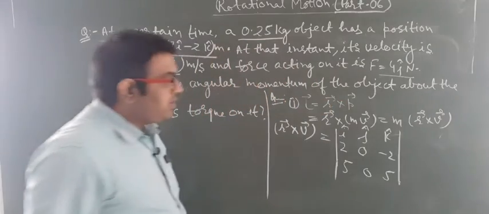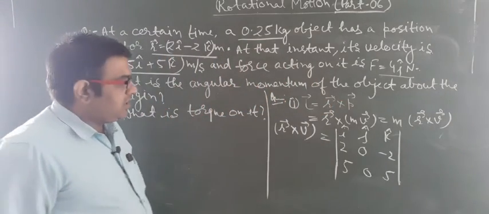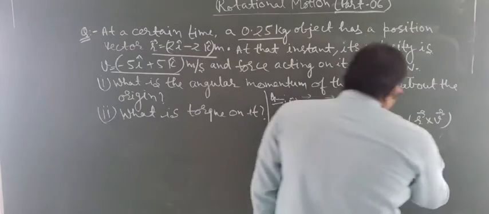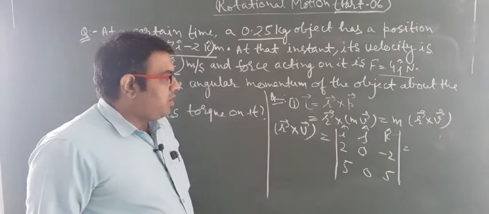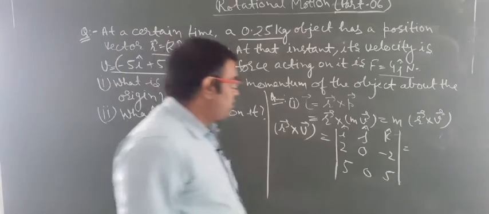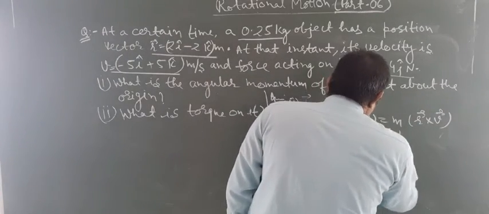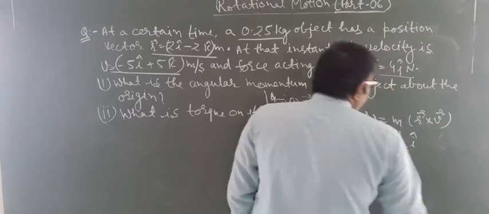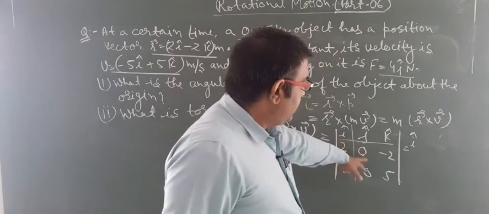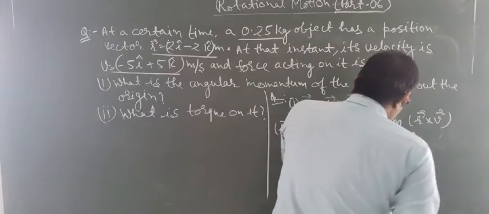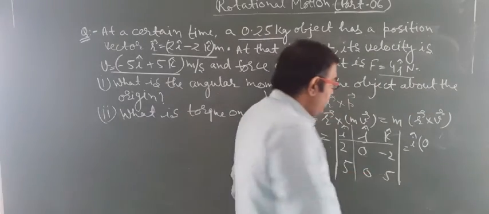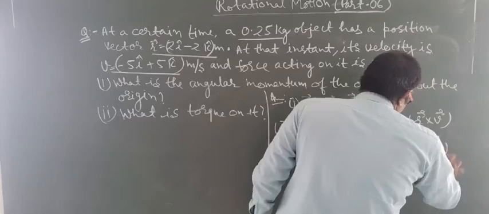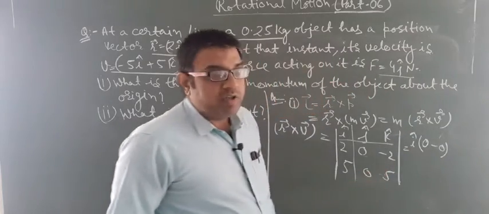Okay students, this is the determinant form, and again we use the determinant form for the calculation of r cross v. First of all, for i cap: 0 into 5 is 0, minus minus 2 into 0, that is 0.